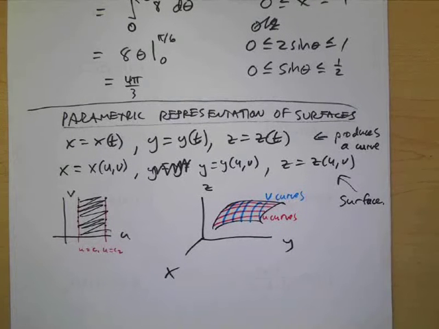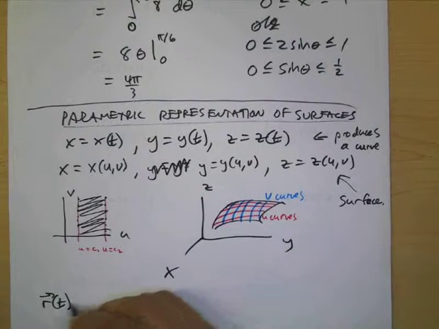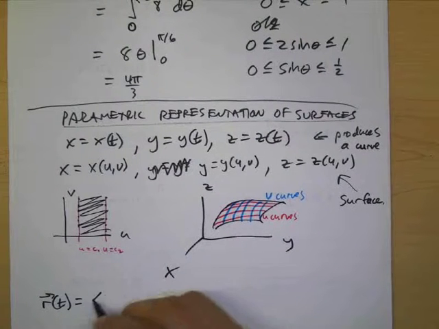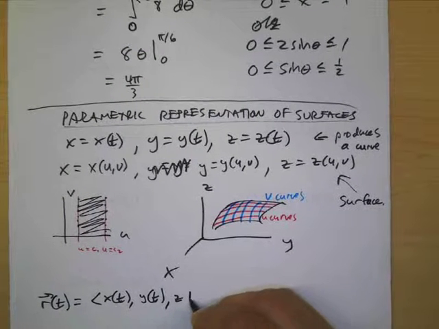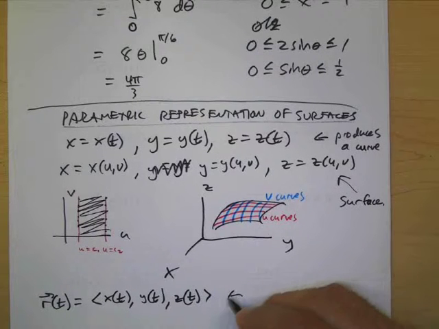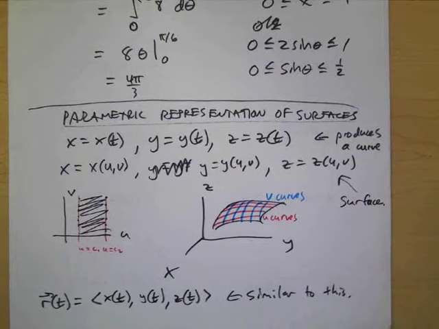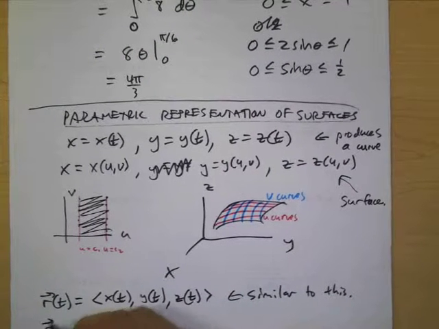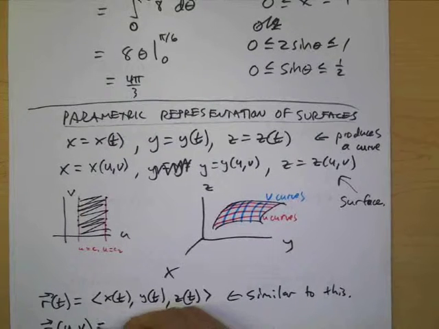Now, our definitions from before, when we did vector-valued functions, I'm glad someone remembered that we tied parametric equations to being components of a vector-valued function. So, similar to this, we can do the same with our new parameterization, which will be in terms of not t anymore, but u and v.